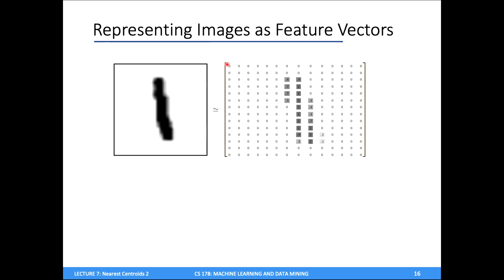A 0 here represents no pen mark, and a 1 would represent a very dark region of the image. So I've got a bunch of zeros in this first row corresponding to all the pixels in the first row of my image. And then I've got some regions shaded in here with various grayscale values corresponding to this 1 digit. So this is how we can represent an image as a box of numbers.